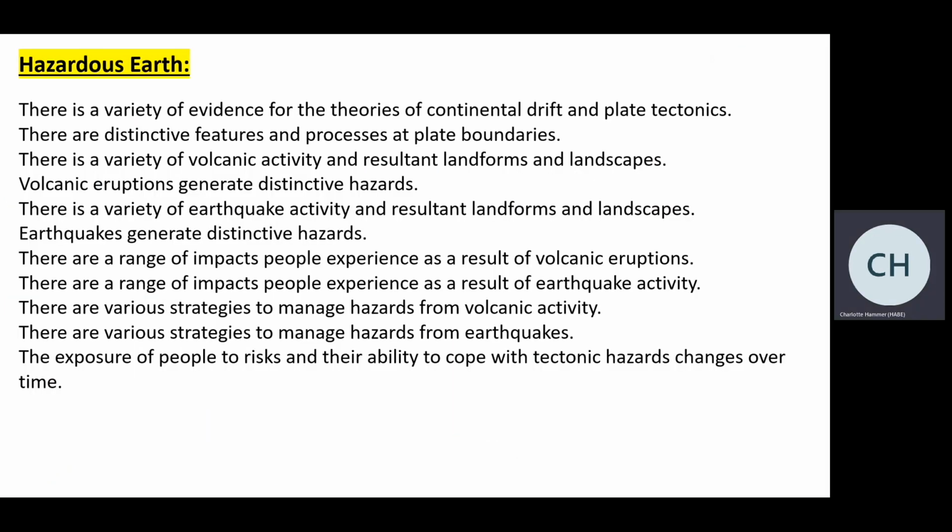We look at a wide variety of case studies from all around the world, both from developed, advanced countries to EDCs to LIDCs. We think about the impact of economic development and spatial location on the effects and the risk posed by these hazards.